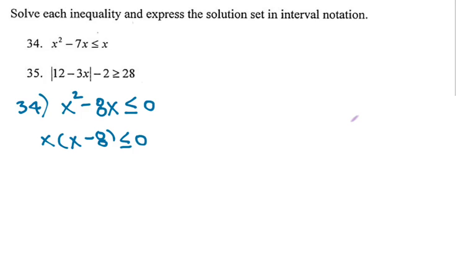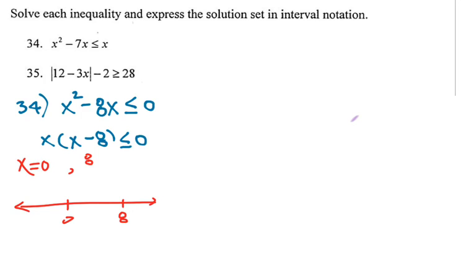Or I could have considered the equation either way. You can see that x can be equal to 0 or 8. And those are the two numbers that will be our boundaries. So what are we going to do? Once again, draw a number line. Here's 0, and here is 8.